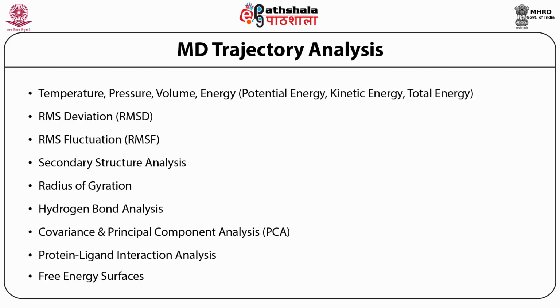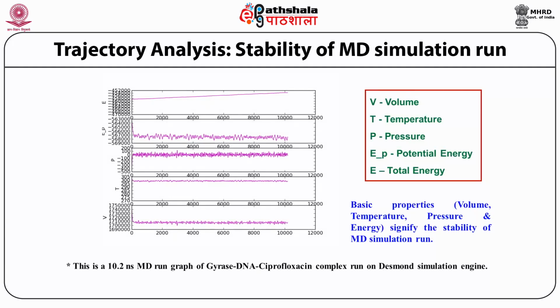The root mean square deviation of protein can also be used to identify the equilibration phase. However, it is not the right parameter to indicate equilibration state in case of highly mobile domain containing proteins like kinases. This is a typical parameter plot of an MD simulation run. It has to be analyzed for equilibration pattern and stability of the MD run.